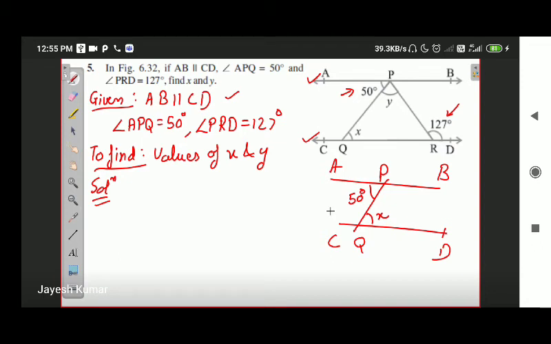Why so? Because of alternate interior angles. Lines AB and CD are parallel, and PQ is the transversal. So the value of X is equal to 50 degrees. Why? Alternate interior angles. Okay, let's write it down.